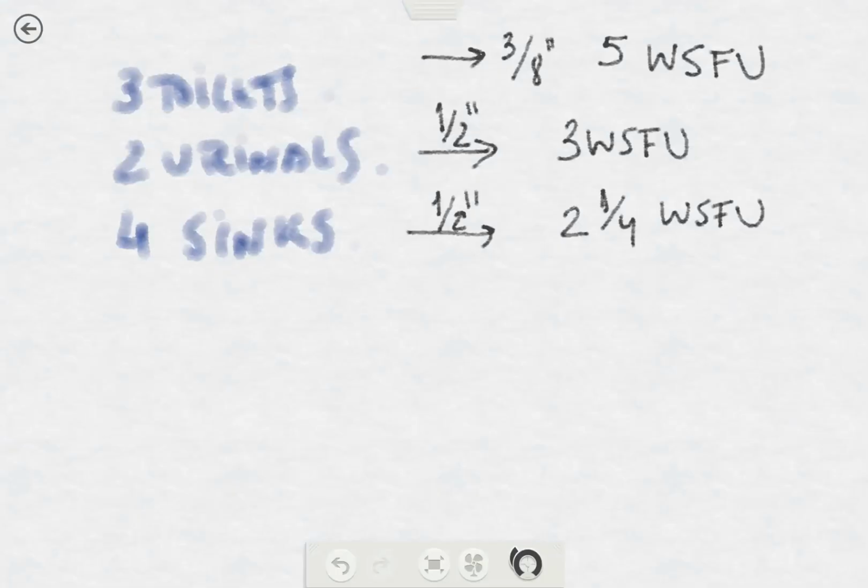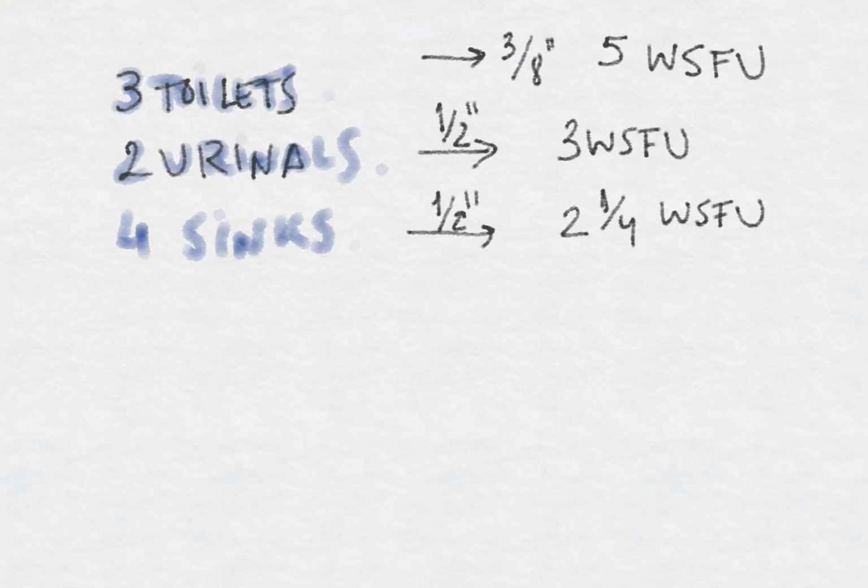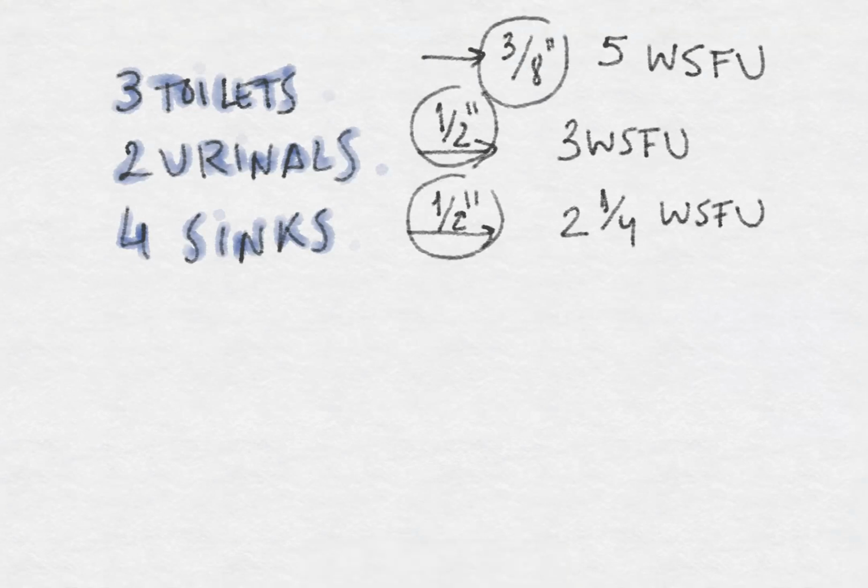Okay, so I'm sharing that screen now, and there were 3 toilets, 2 urinals, 4 sinks. And this was the branch size and the amount of the water supply fixture units.